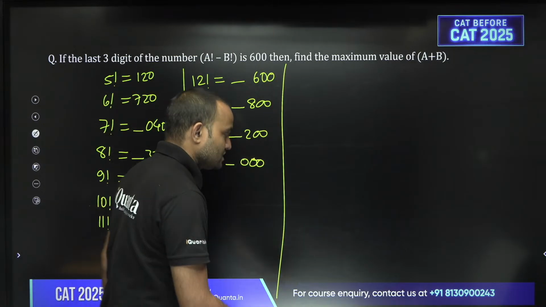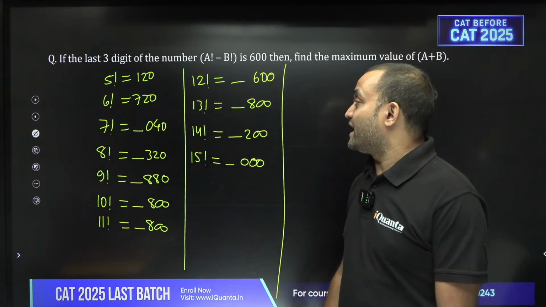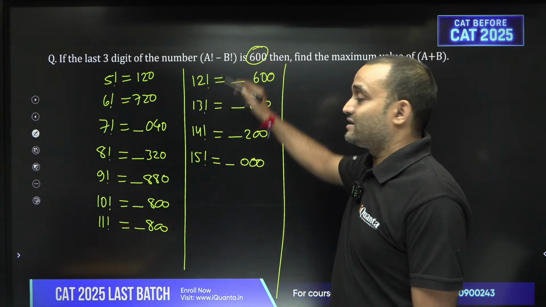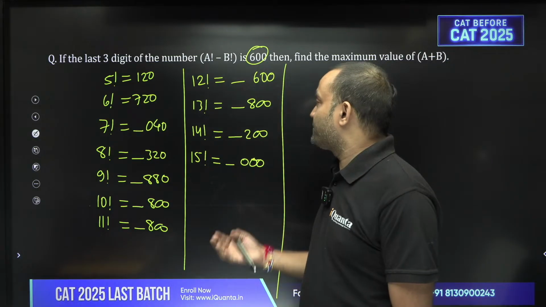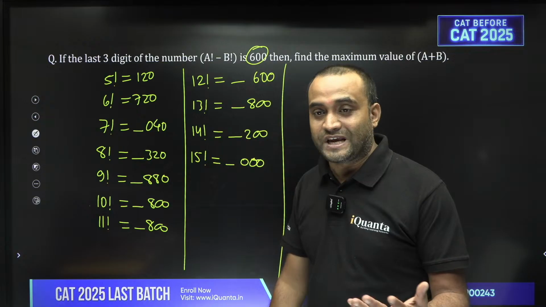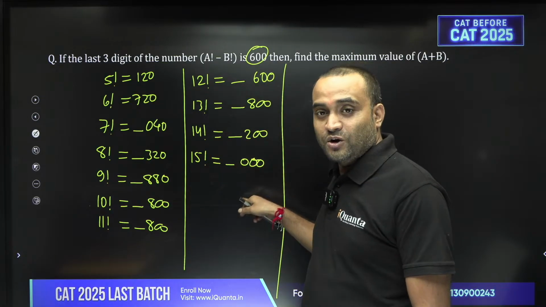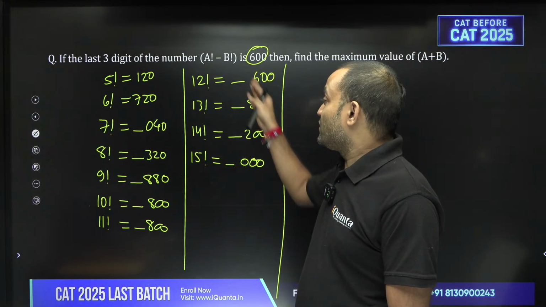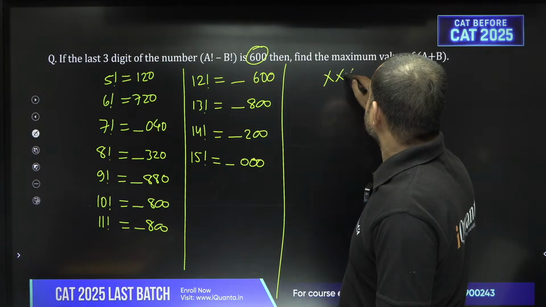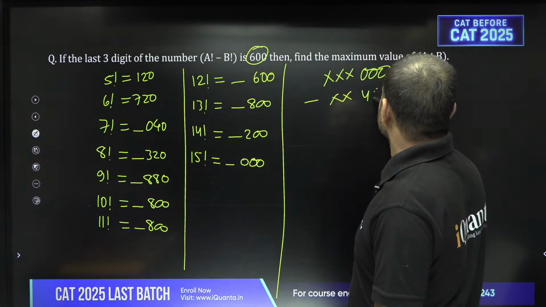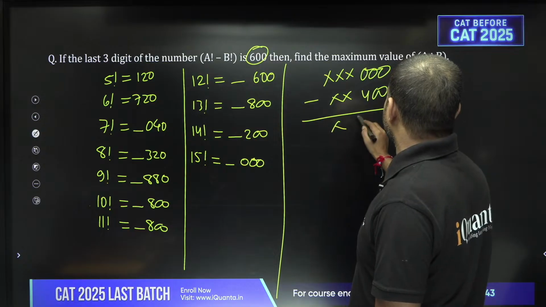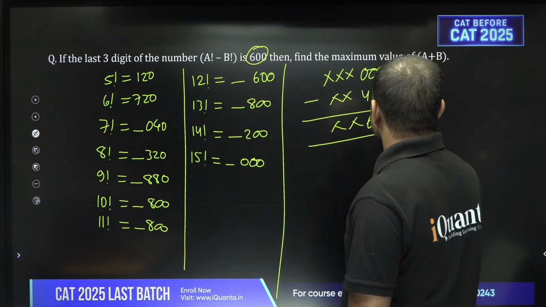Now think about this. If we are looking to find last 3 digits as 600, if A is greater than or equal to 15, meaning 000, then I am taking 000 minus something 400, only then I am getting 600, right?